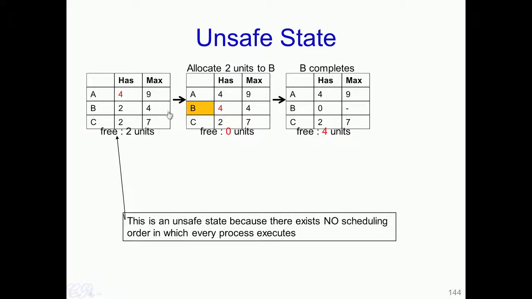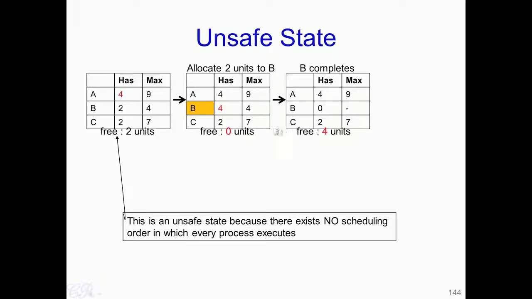For example, suppose B were allocated 2 more units, and you see that given that there are only 2 units free, B is the only client which can be serviced. Therefore, B gets 4 units while there are 0 free units present. Now, after B completes, we have 4 units free, but you see that neither A, which requires 5 more units, nor C, which requires 5 more units as well, can be serviced with the 4 units present in the free store.